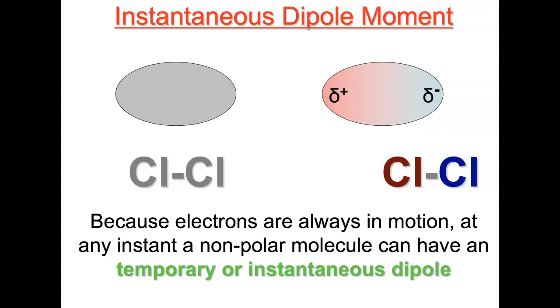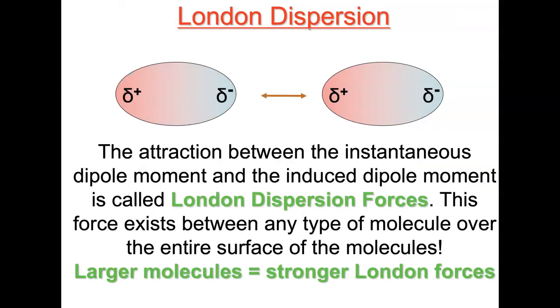And so what happens then, if that diatomic molecule on the right should get polarized, all the electrons in the molecule on the left are going to move towards the right because they're attracted to that positive side. And so for a few moments, we're going to have this charge separation in these molecules. And so there is going to be a little bit of an attraction there, and we call that a London dispersion force.